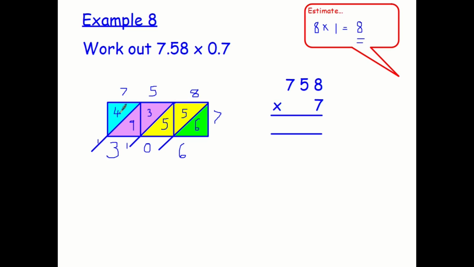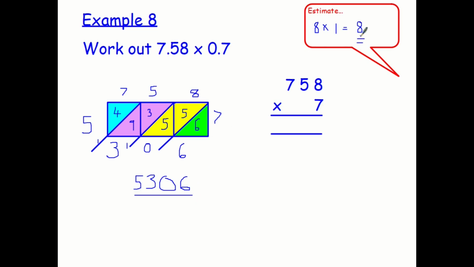Adding on the blues, 4 plus that 1 there is 5. So digits of my answer are 5, 3, 0, 6. Be really careful that you don't include these little carried ones in your final digits of your answer. Okay, so the final digits of your answer are 5, 3, 0, 6.